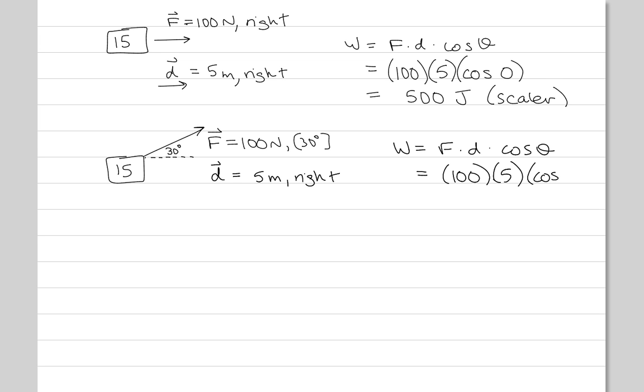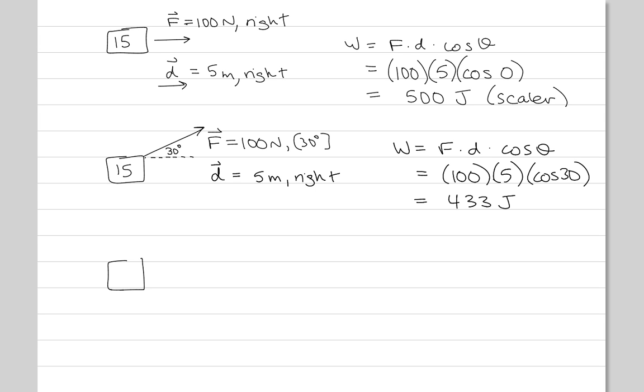So you put cos 30 here. Cos 30, what is that, like 0.866 or something? Times 500. So is that 433 joules?